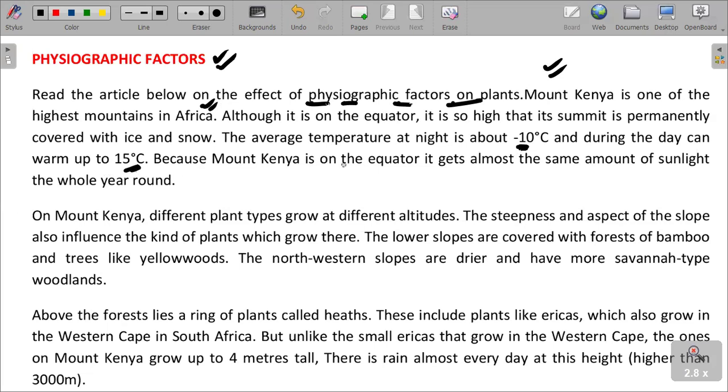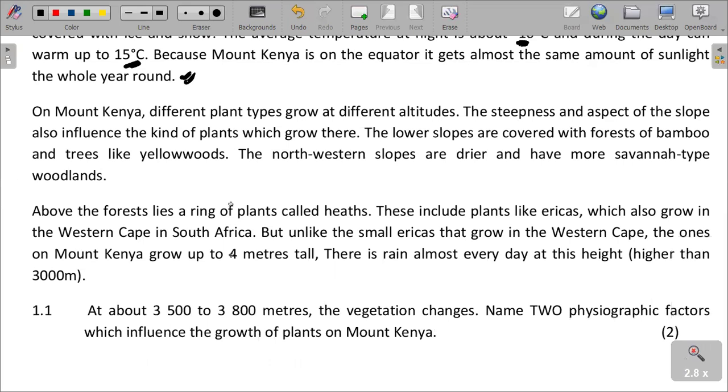Because Mount Kenya is on the equator, it gets almost the same amount of sunlight all year round. So on Mount Kenya, different plant types grow at different altitudes. The steepness and aspect of the slope also influence the kind of plants which grow there.